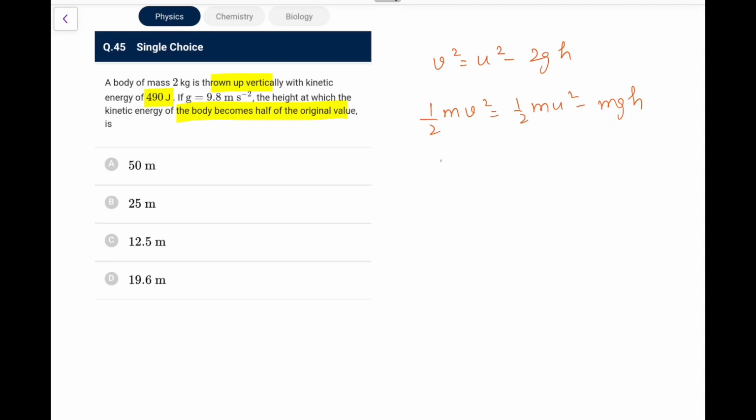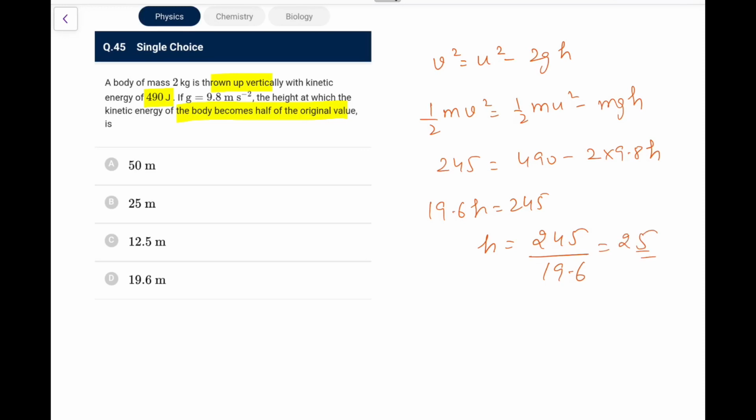So half m v square is 245, half m u square is 490, minus 2 into 9.8 into h. So 19.6 h is equal to 245, so h comes out as 245 upon 19.6. If I did 250 by 20, that would be 25, so it is closer to 25. No other option matches, it is exactly 25 meter.